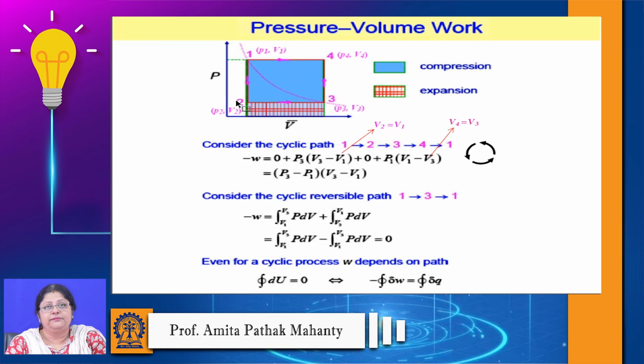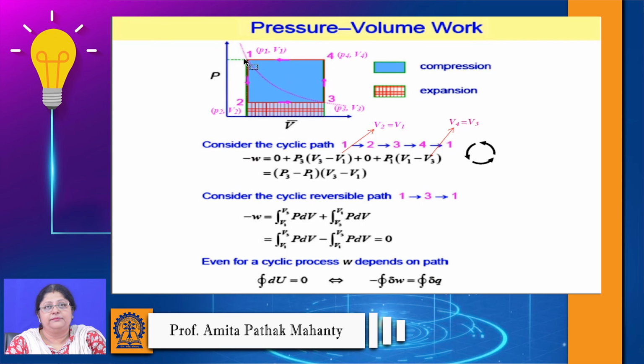Let us move from 1 to 2. There's no volume change. Work done is 0. And from here to here, what is the volume change? The volume change is V3 minus V2, and V1 is equal to V2 because there is no volume change, so you can replace it by V1. Then again you have a constant volume, there is no work, delta V is 0.